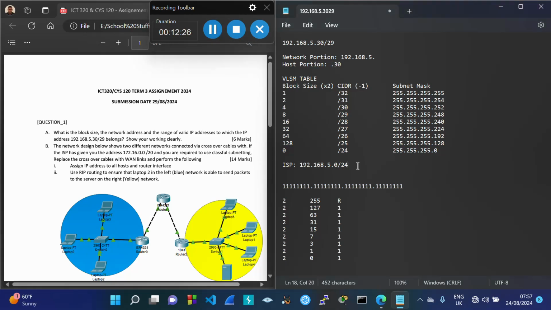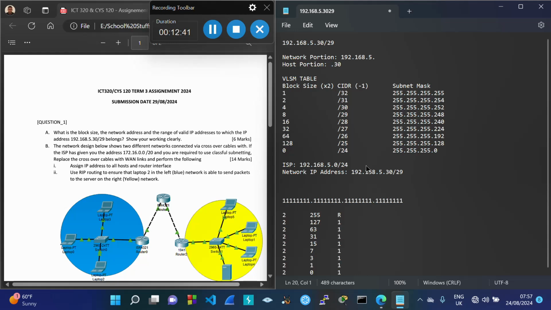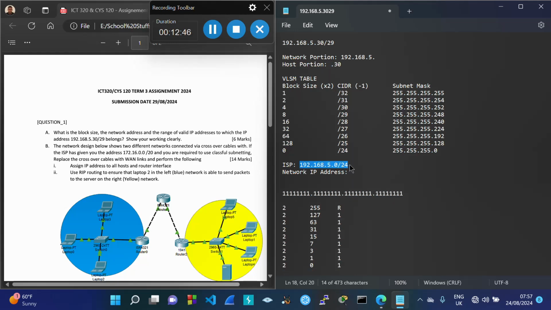Okay, so now I'm sure you are able to see what's happening. So in this case, the network IP address which we are given from the internet service provider will say it's this one.